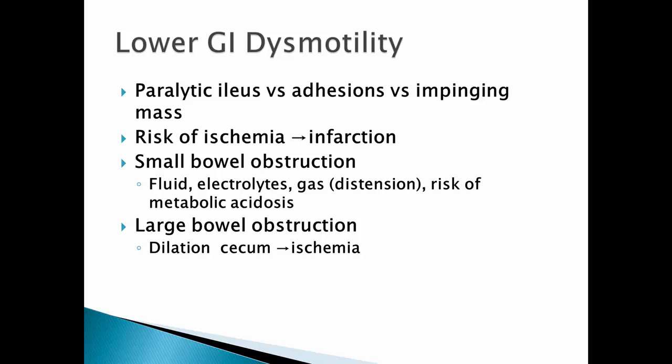So if you have someone who has a small bowel obstruction very high in the small intestine, they are more likely to be alkalotic due to emesis and dehydration. Now with that emesis, remember you're going to have the loss of hydrogen, potassium, and chloride.